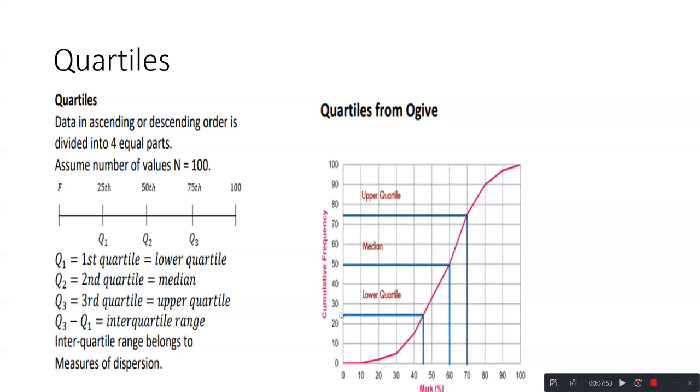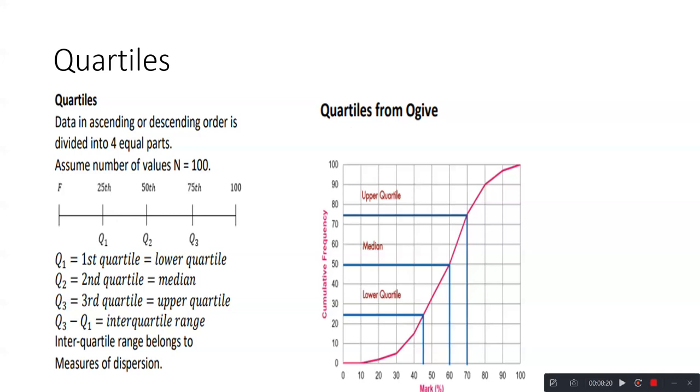For you to get the 25th or the first quartile, you get 25 out of 100, or a quarter of n, where n is the total frequency.